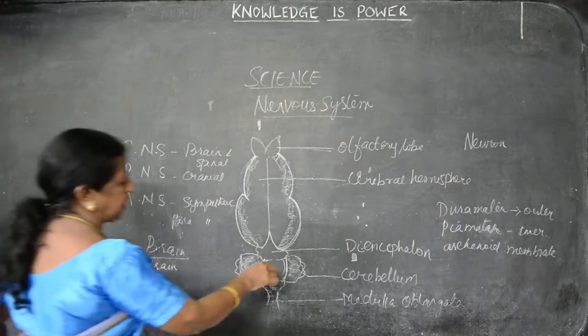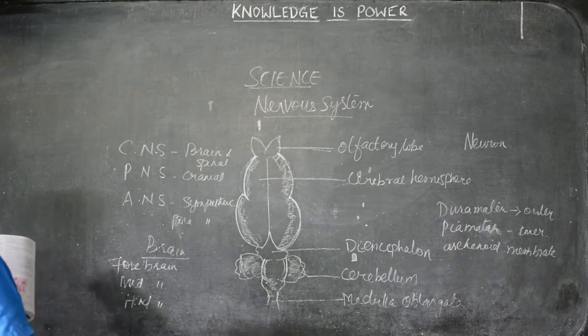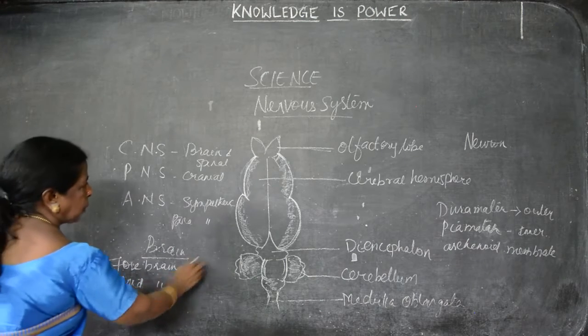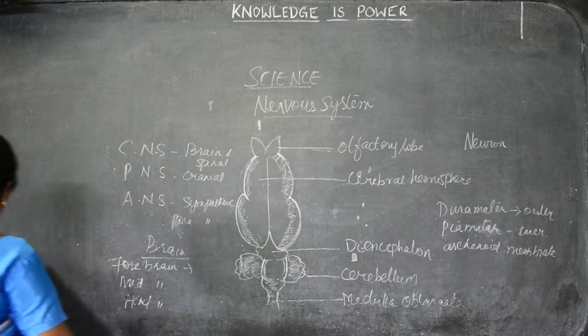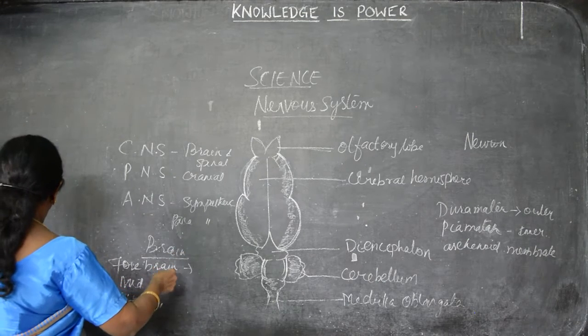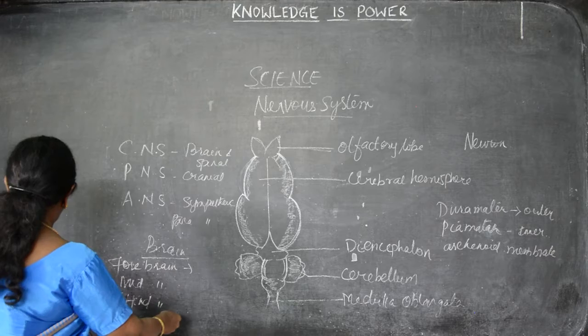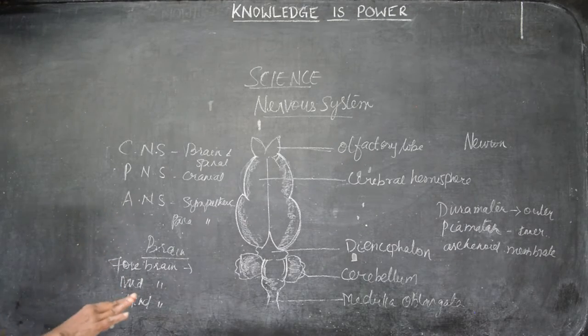They are connected by a tissue, that tissue is known as corpus callosum. All the parts seen in the diagram are present in the forebrain. In the midbrain we can see optic lobes, and the hindbrain consists of medulla oblongata and spinal cord. Clear? This is the structure of nervous system.